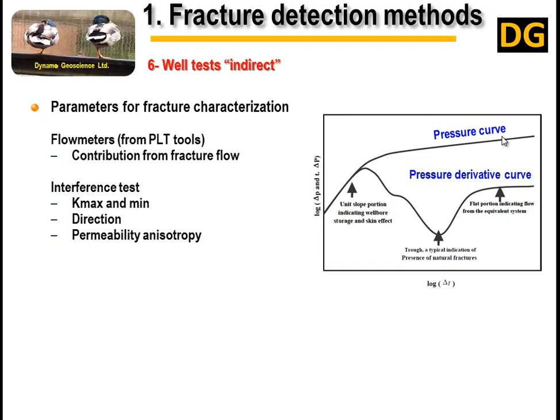The interference test uses a long duration rate in one well in order to determine reservoir properties, such as degree of hydraulic communication, permeability and isotropy. That is for well placement activities, also for optimal sweep.